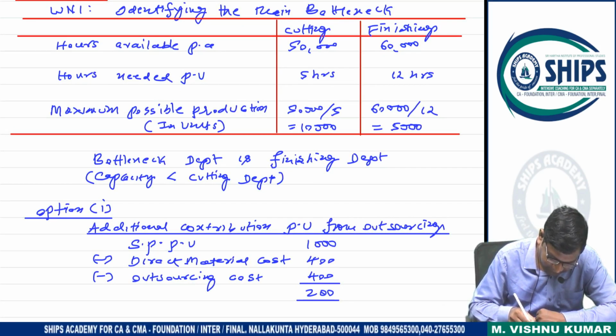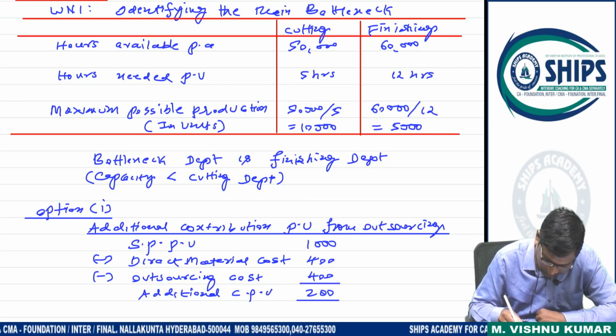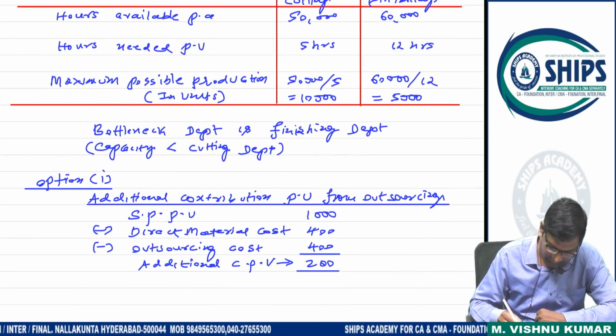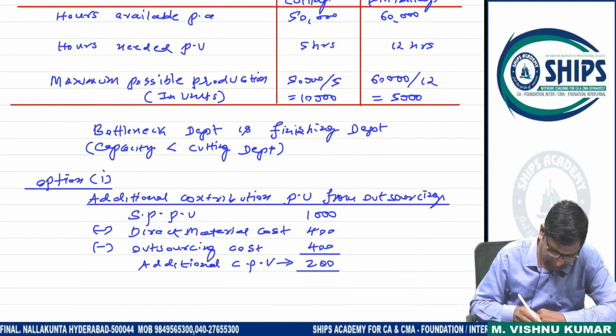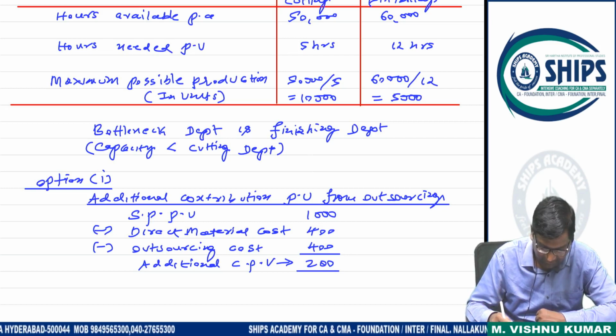Okay. So additional contribution per unit is 200. So you can go for the finishing operation outsourcing.